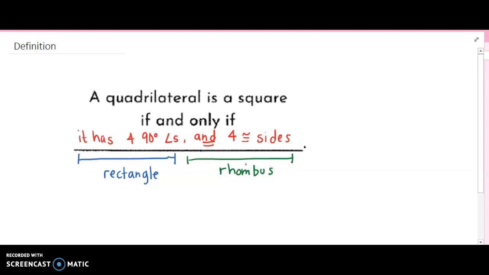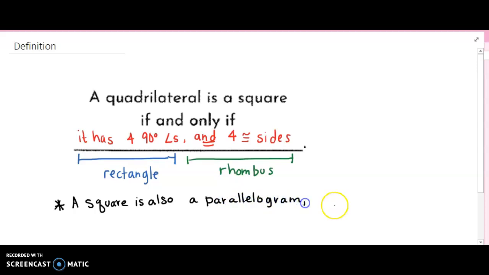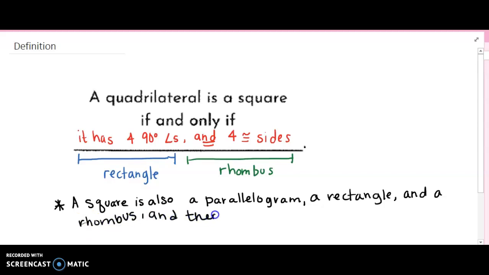Okay, so after I paste this in to my interactive student notebook, I'm going to put a note either under it or below it, wherever you want to put it, that a square is also a parallelogram, a rectangle, and a rhombus, and therefore it exhibits properties of each.